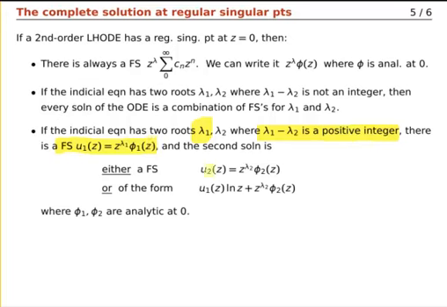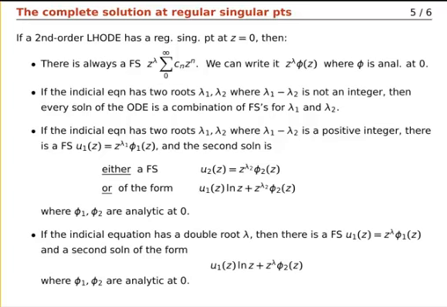And there might be a second Frobenius solution using the root lambda 2 of the indicial equation, or there might not be, and the second solution in that case turns out to be of this form. It's got a logarithmic singularity: it's log z times the first Frobenius solution, the one got from lambda 1, plus a second term, which is z to the lambda 2 times some function phi 2, which is analytic at the origin.